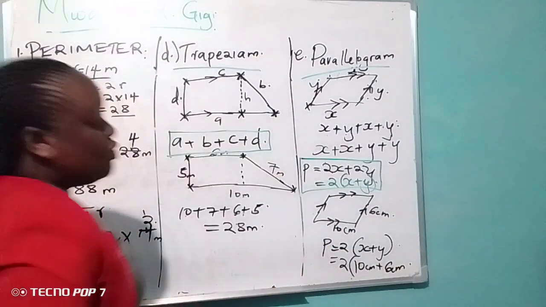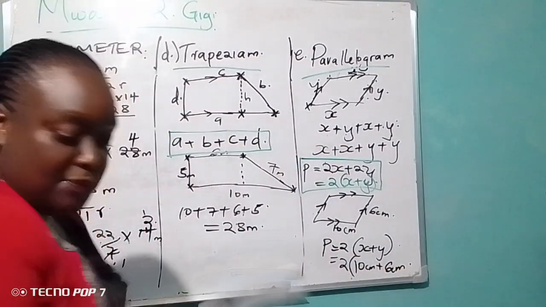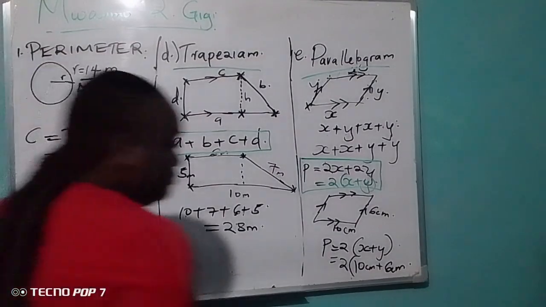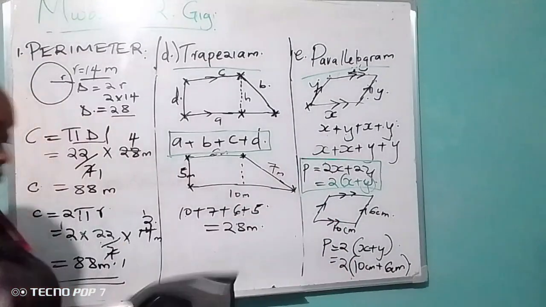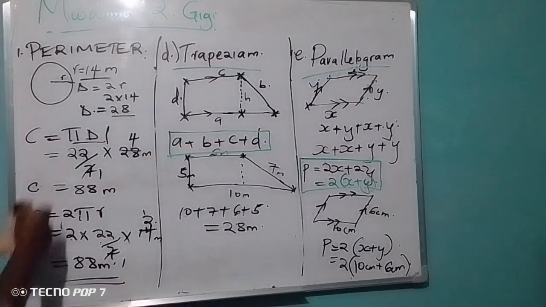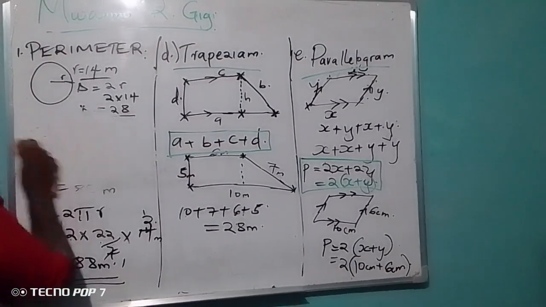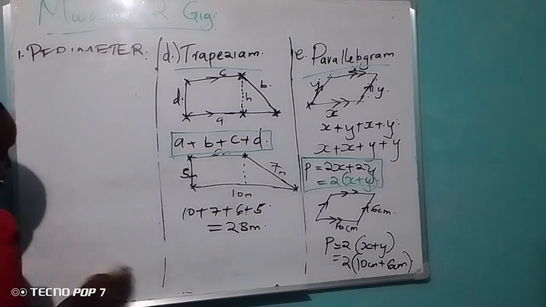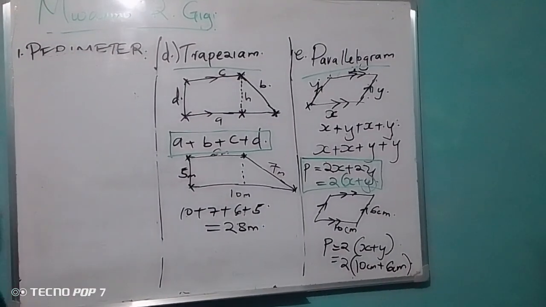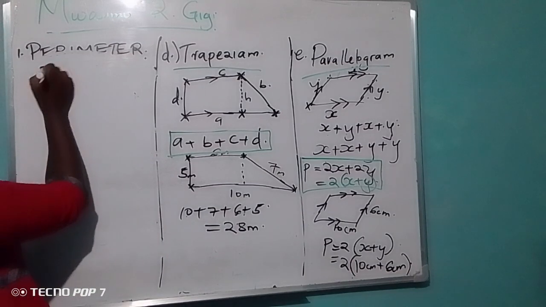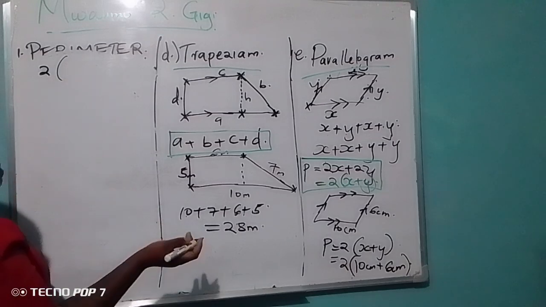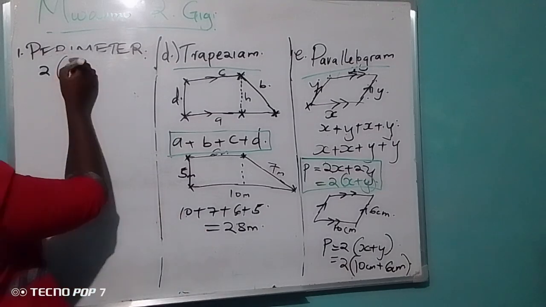Si ndio? So answer yako itakuwa ngapi? 10 plus 6 times 2. So 10 plus 6, brackets is multiplication, times 10 plus 6 is 16.